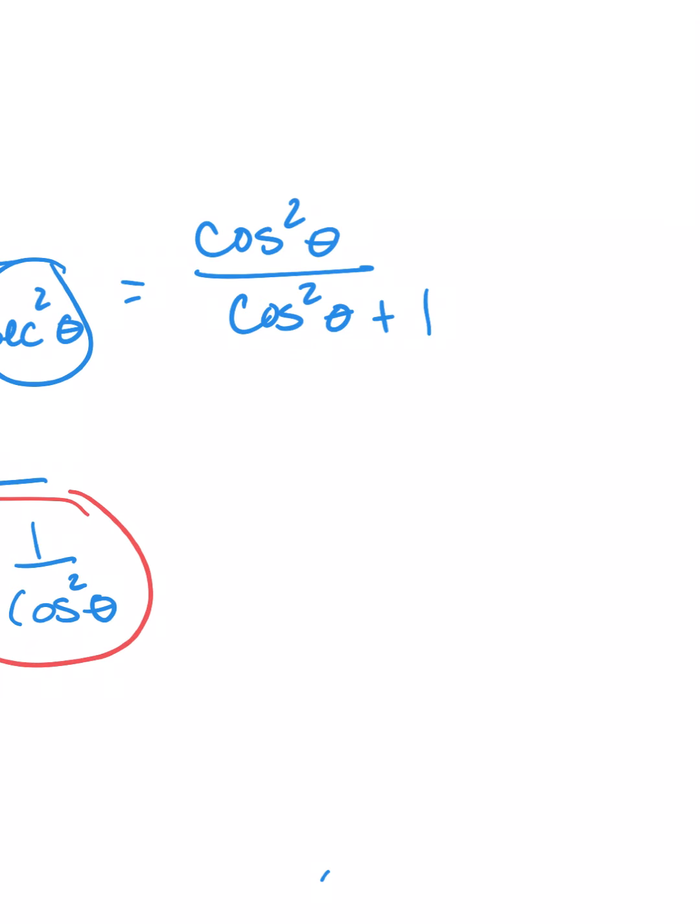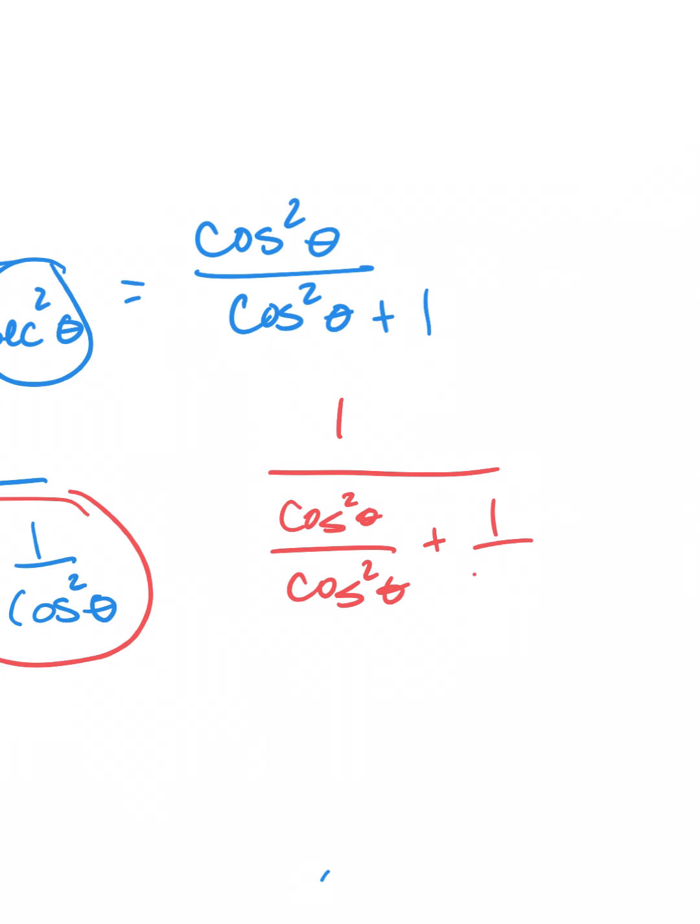I can make this into 1 over, and downstairs, this common denominator would be cosine squared, and I have to add a cosine squared up here. So it would be cosine squared of theta over cosine squared of theta plus 1 over cosine squared of theta. So I convert the bottom one into 1 fraction.